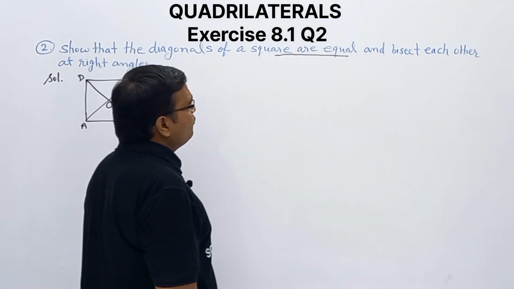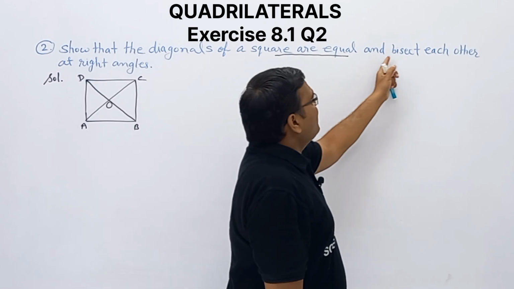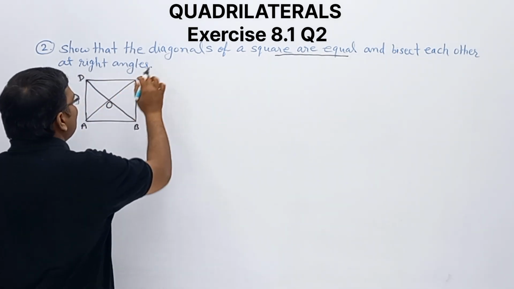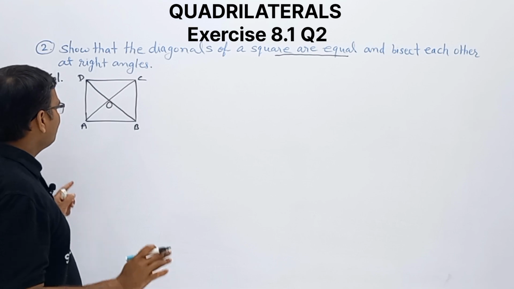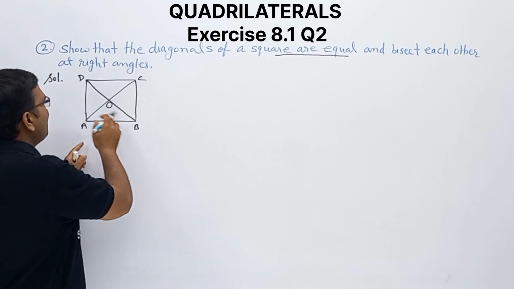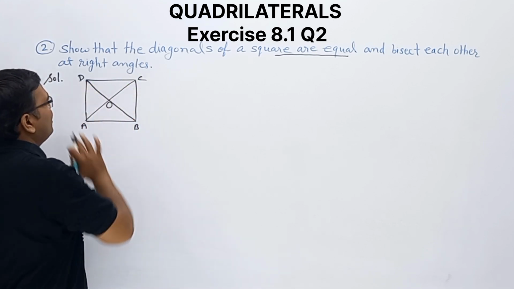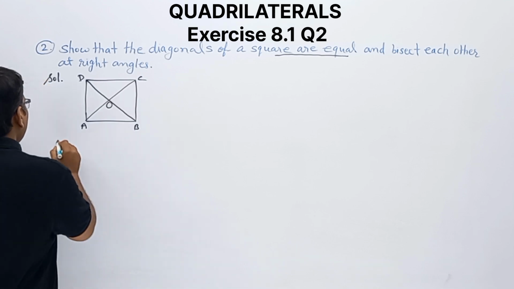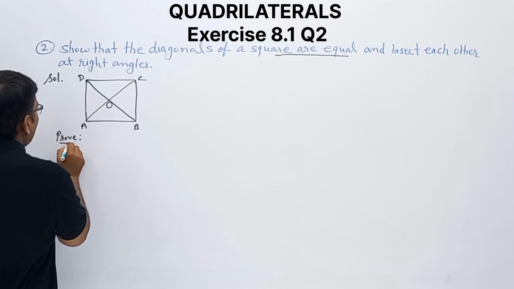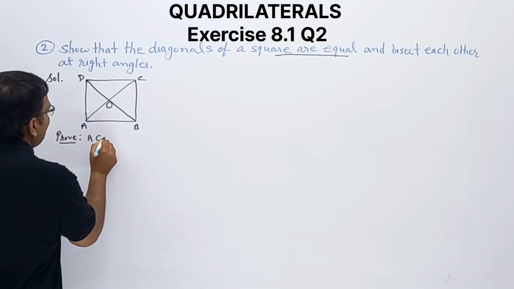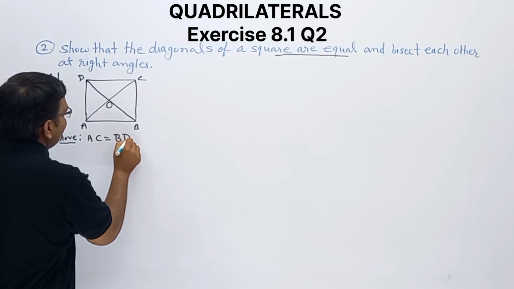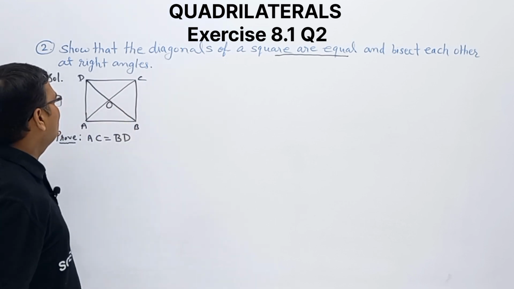Another thing we want to prove: they bisect each other. These diagonals are bisecting each other. We want to show that these two diagonals AC and BD are equal, that is, AC equal to BD. That is one thing we want to prove.